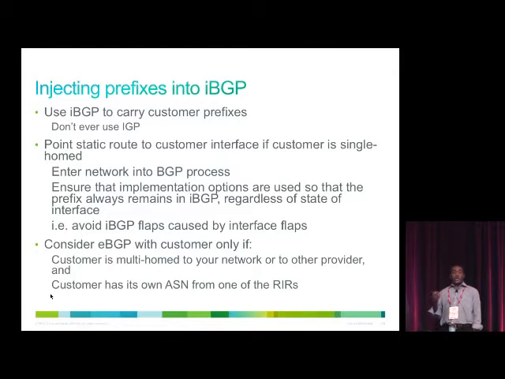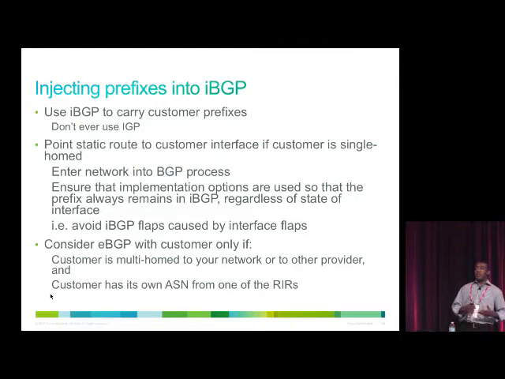In some cases you may use eBGP with a customer. Normally, if that customer is using your prefix and is single homed, you don't really need to run eBGP with the customer.